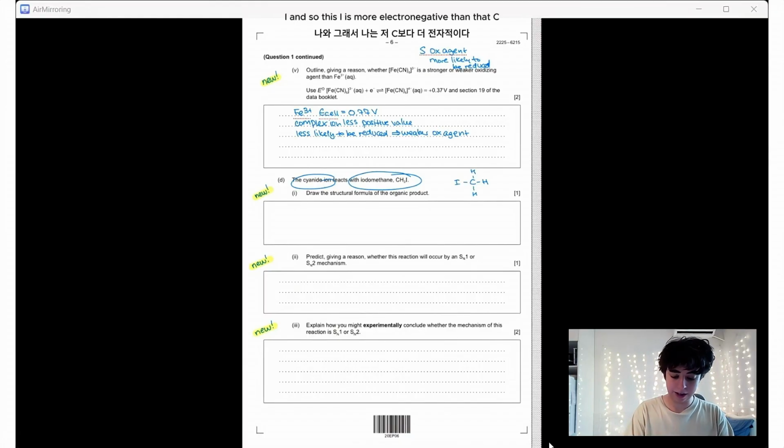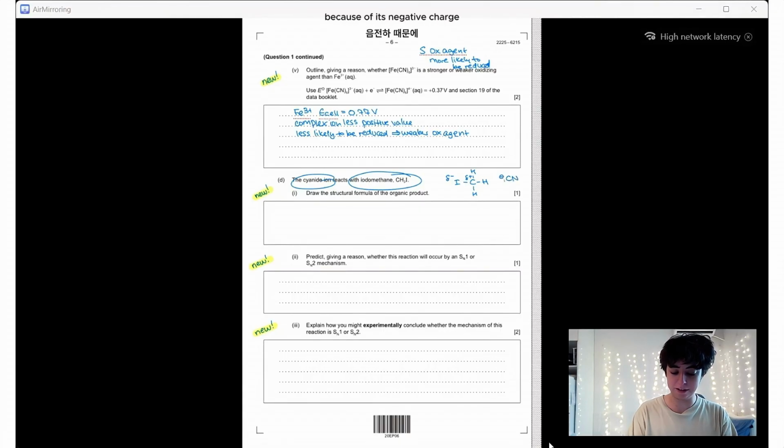And so this I is more electronegative than that C, and so that makes this partially negative, and that carbon, therefore, partially positive. So that carbon is electrophilic. Meanwhile, this cyanide ion is a nucleophile because of its negative charge and that lone pair of electrons.